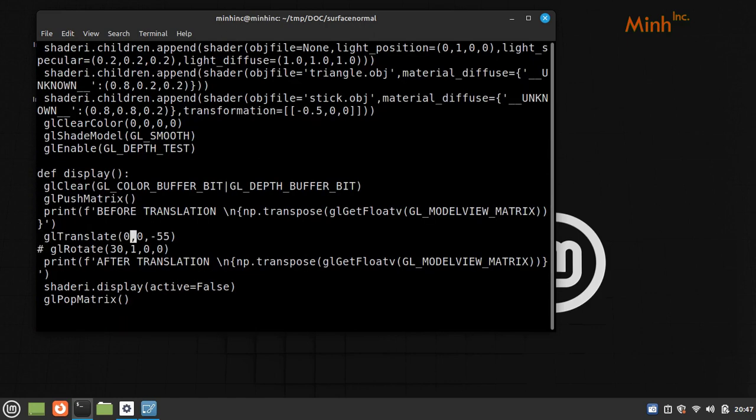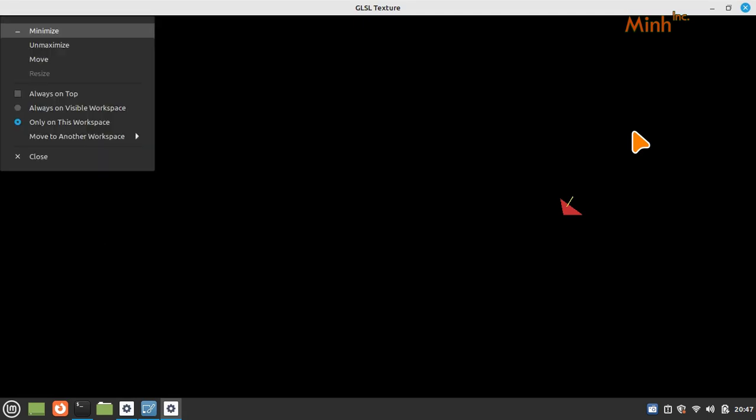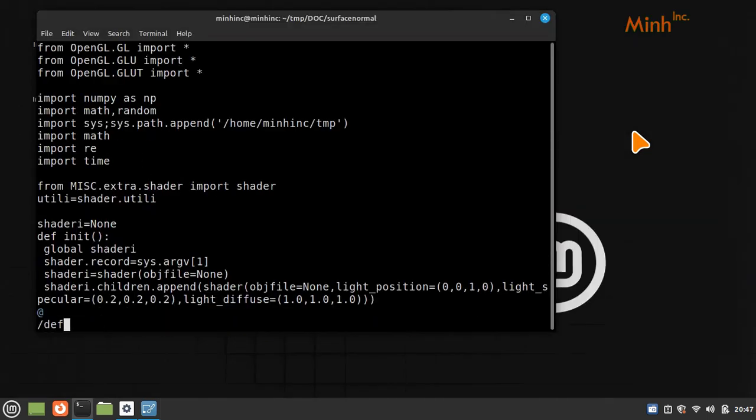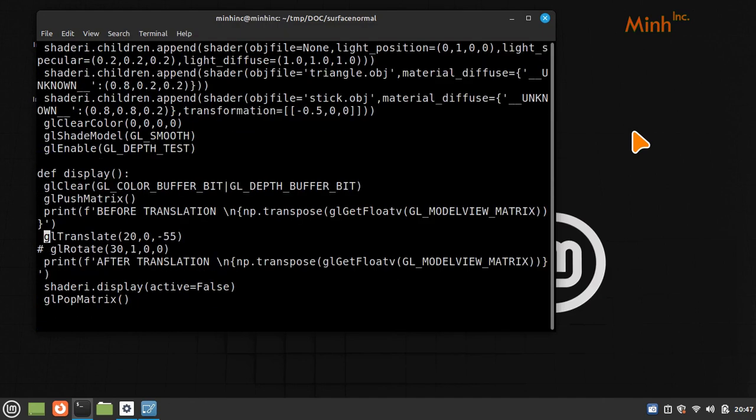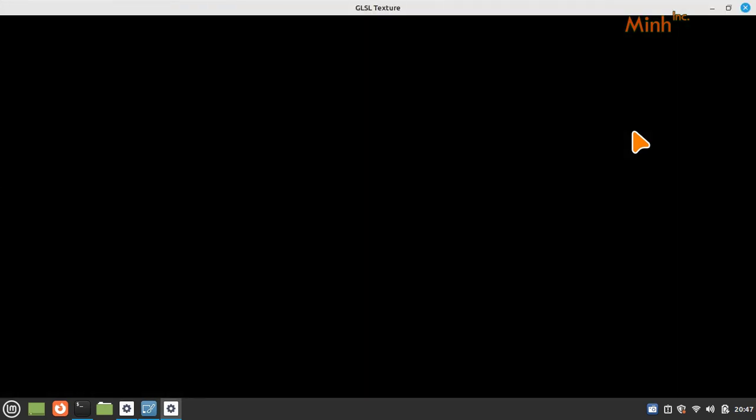Okay, so I can translate it in minus Z this much and X 20. So automatically it will go right. Okay, we can see it is at right, small and right. Now we'll make it left and big. So I will say left and it should be bigger. So only minus 5. Okay, I believe it is very big and it did not appear.